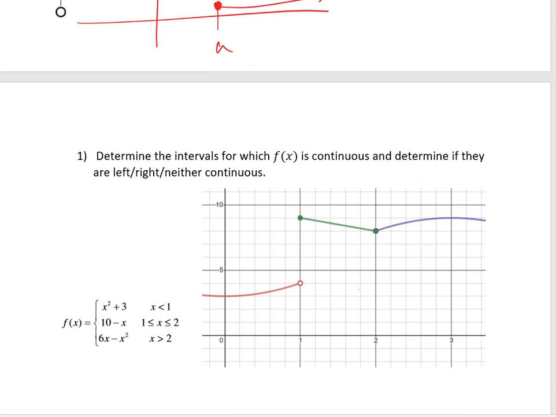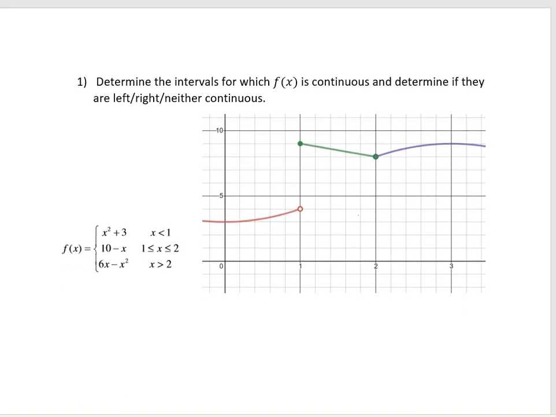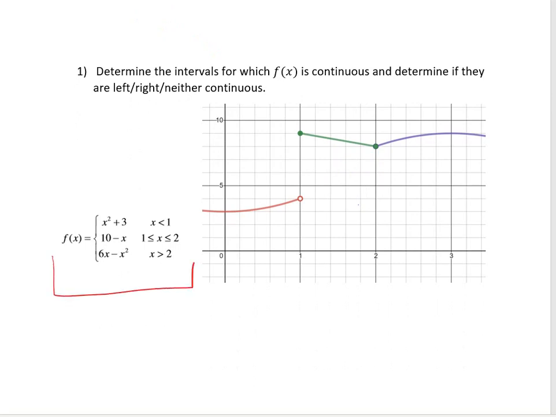So let's determine the intervals for which this function is continuous and determine if they are left, right, or neither continuous. First off, we're given the definition of this piecewise function, and we're also given a graph. I'm going to look at each piece, and I'm going to do this one graphically, and then again numerically. First off, this is going to continue on in this direction, however, there's not a solid point here, so it's going to continue on forever, and then we have an empty hole, so this would be neither.